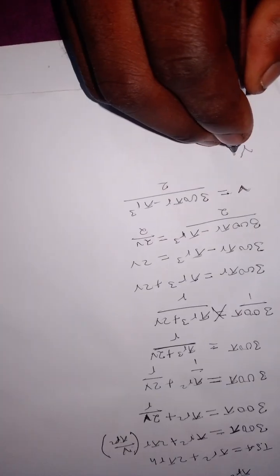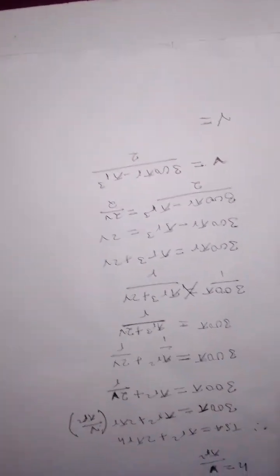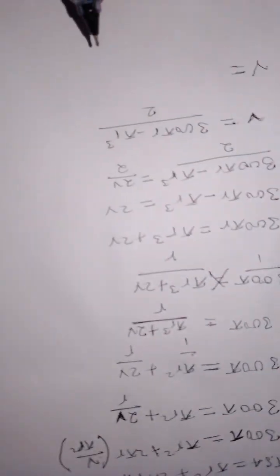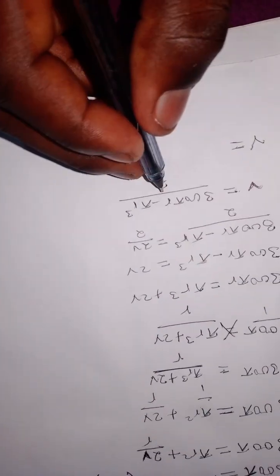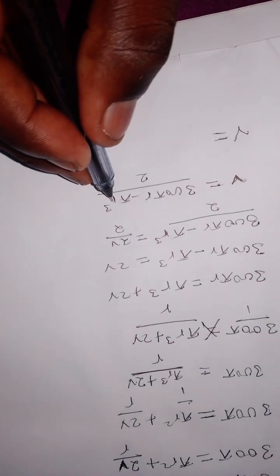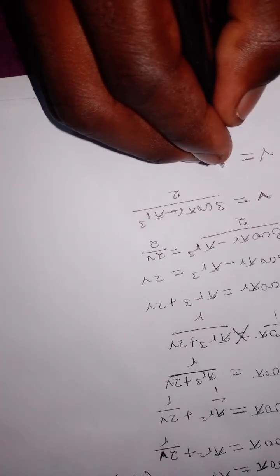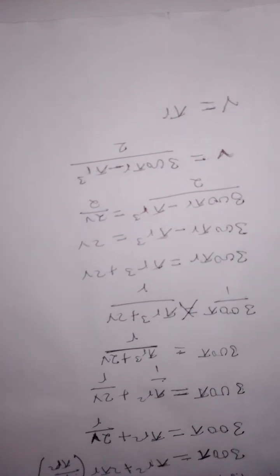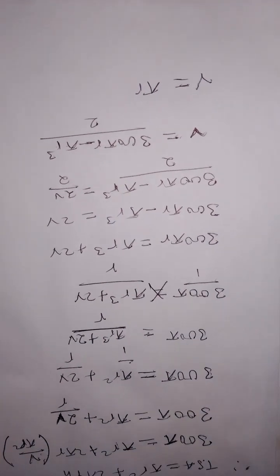So V is equal to, let's simplify everything and make it in this form. What do we have in common here? We have pi r on both sides. This is a minus, so pi r will be outside. We are just going to factorize.